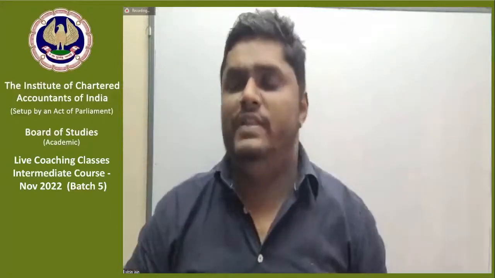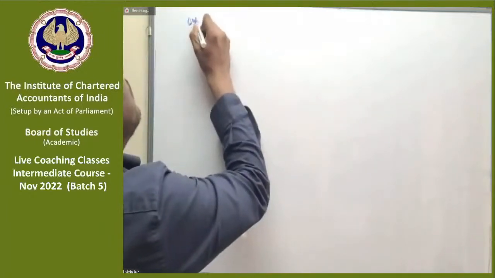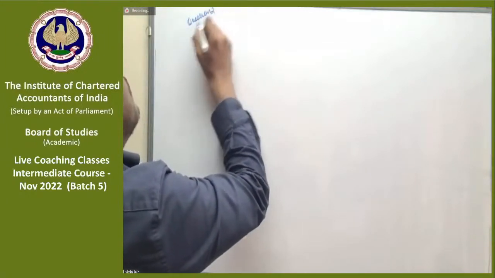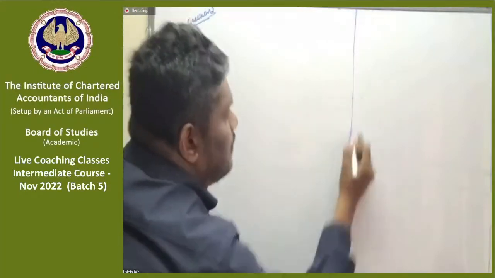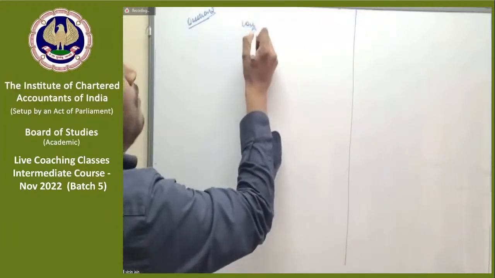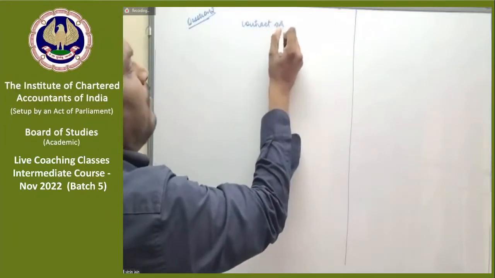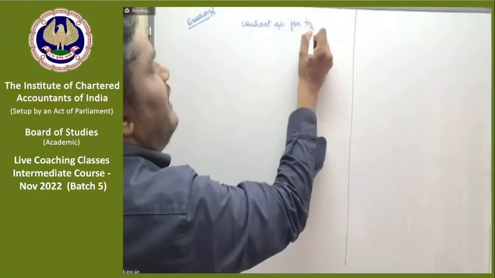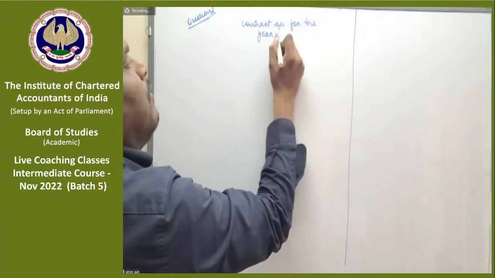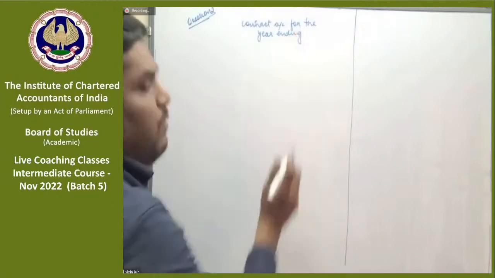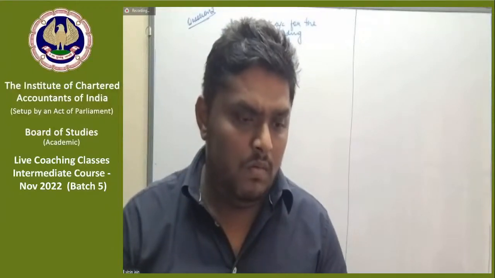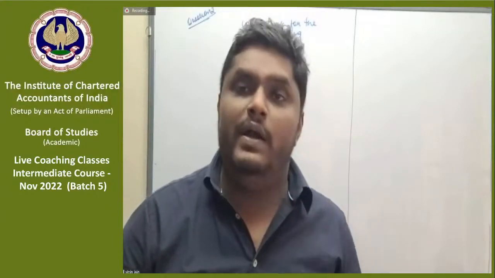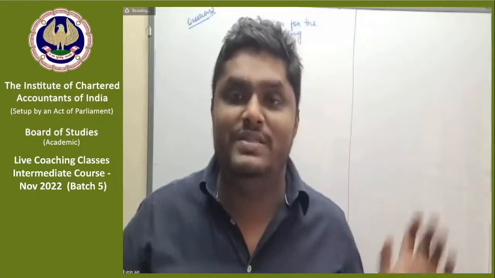So let's start with this question, question number 2. Contract account for the year ending, that is covered in the accounts class, so I don't want to discuss this part.